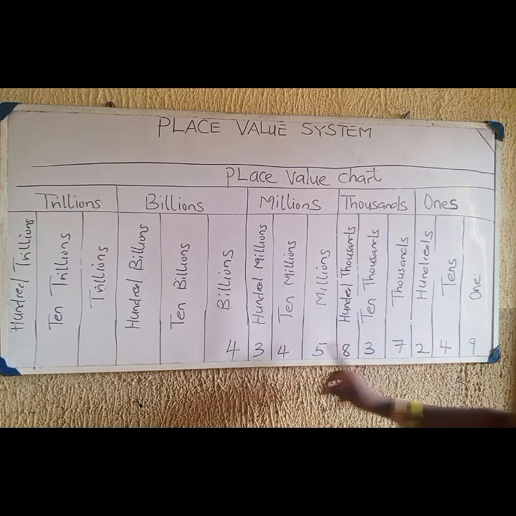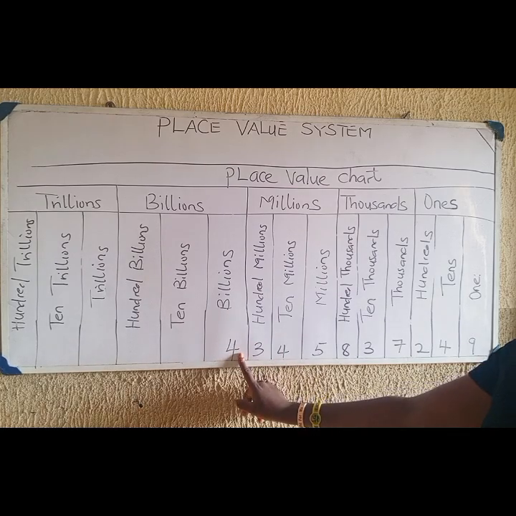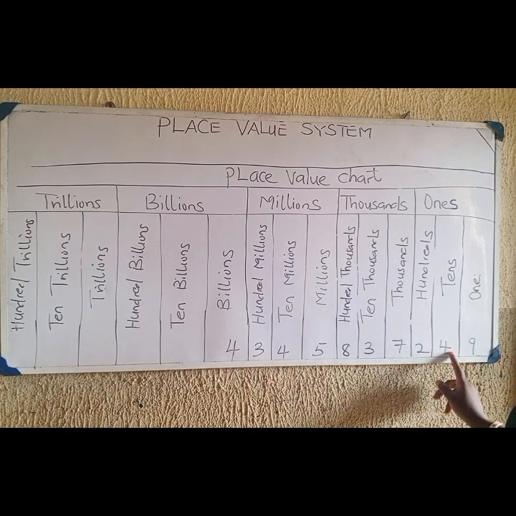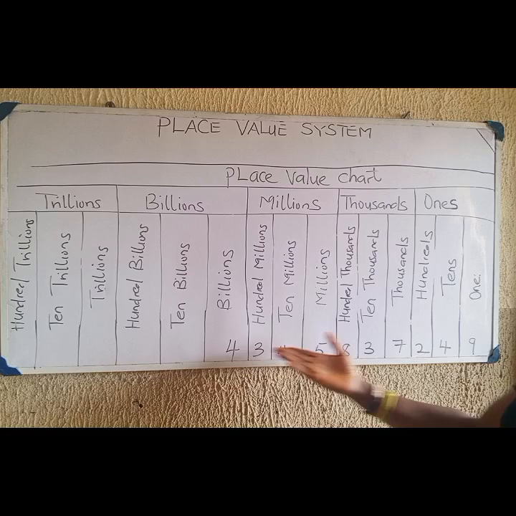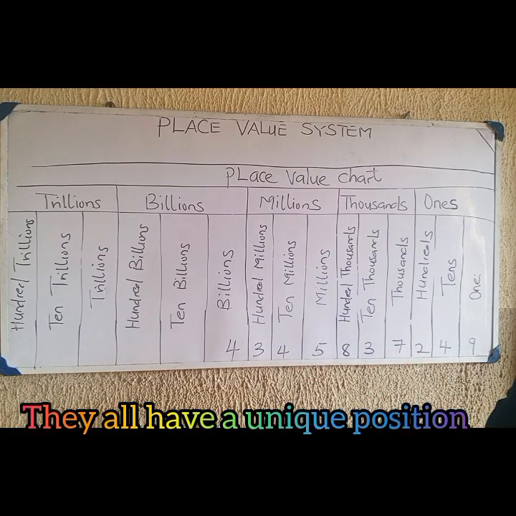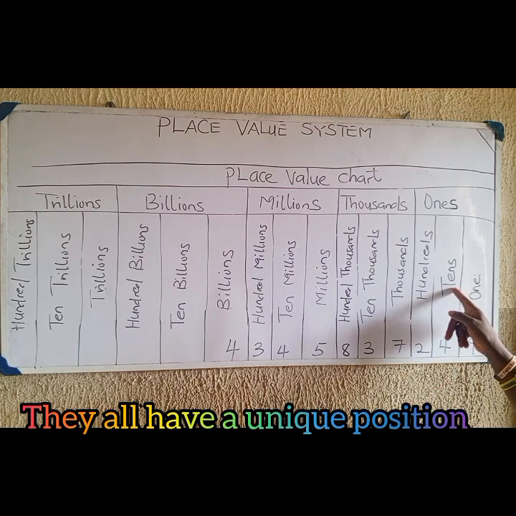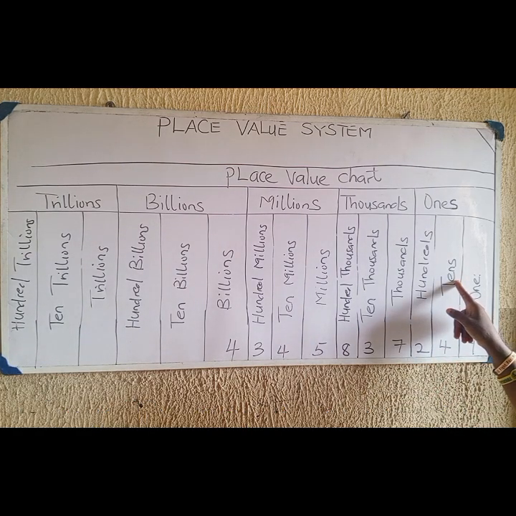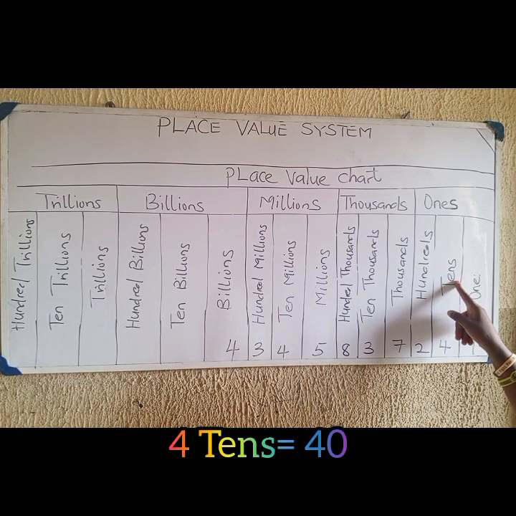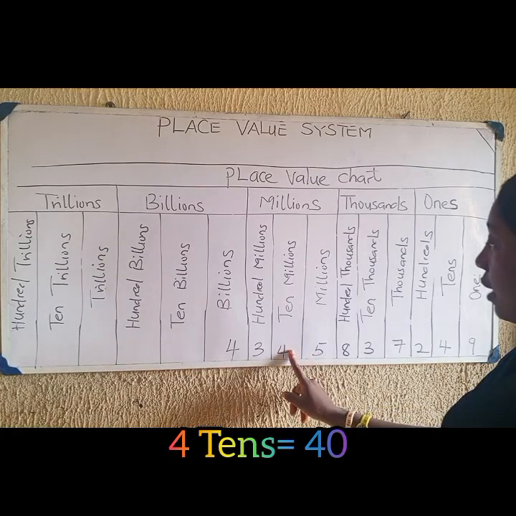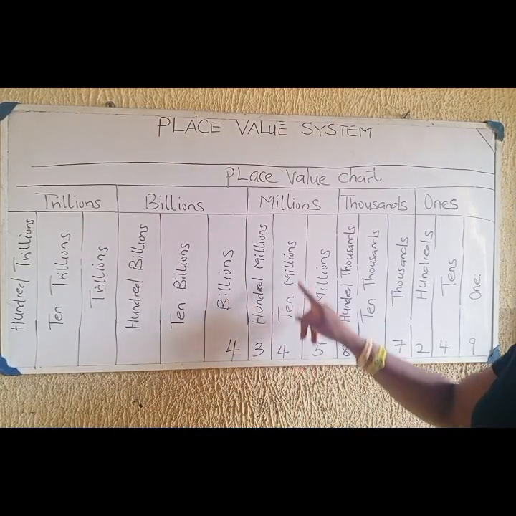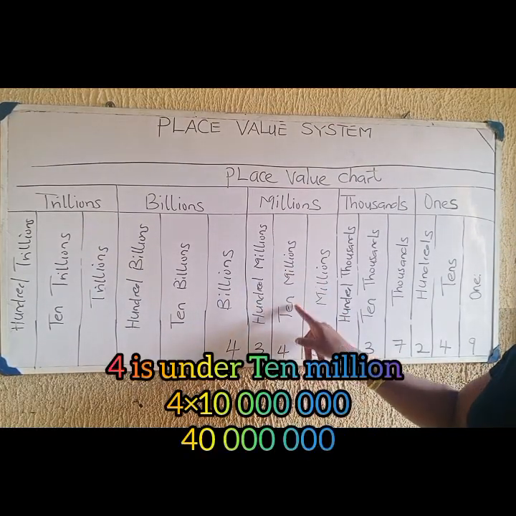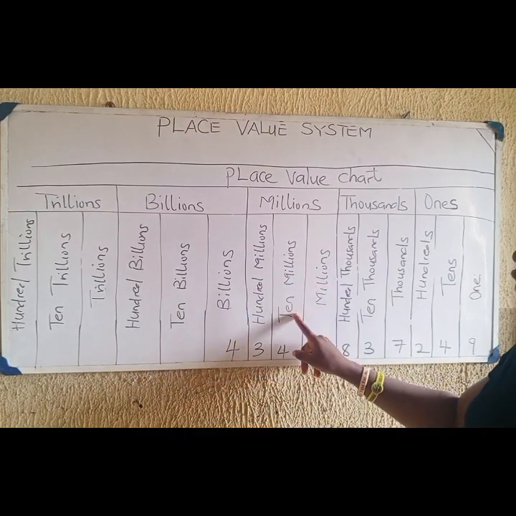Now you can see that 4 appears thrice here, 3 times. We have 4 here, we have 4 here, we have 4 here. All these 4s, they are the same number, but their values differ because of its what? Position. The first 4 I have here is under tens, and this is 4 tens. 4 tens means what? 4 times 10, which is what? 40. Then this 4 here is under what? 10 million. And 4 times 10 million will give us what? 40 million.